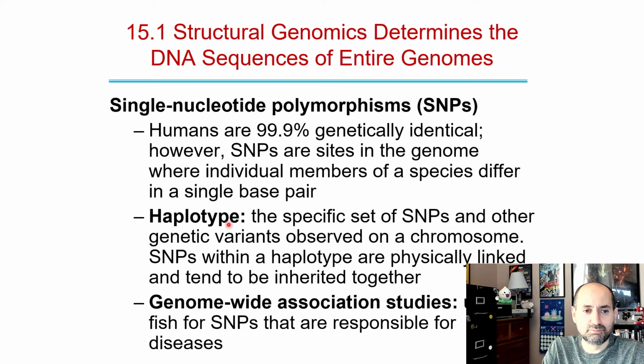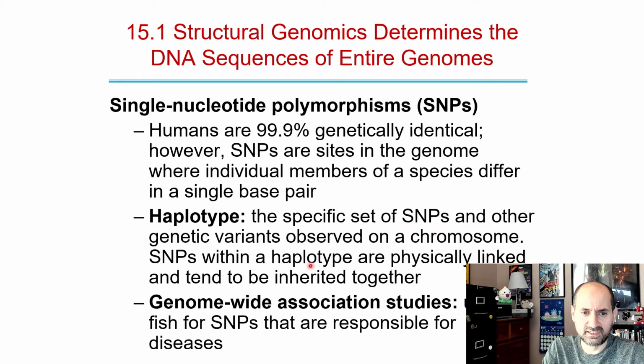And haplotype refers to the specific set of SNPs that someone has, so that are on a chromosome. So on a particular chromosome, you'll find certain areas of SNPs, these single nucleotide polymorphisms. And the host of SNPs for a chromosome are called the haplotype.